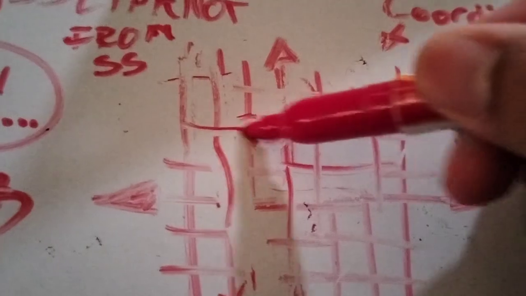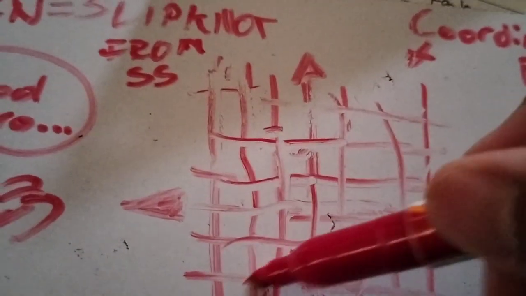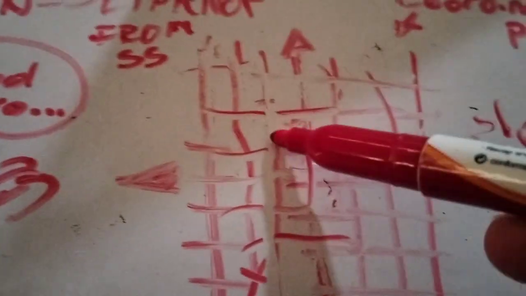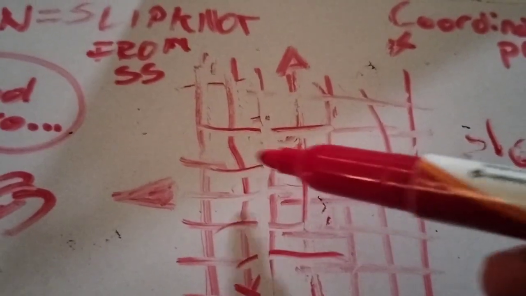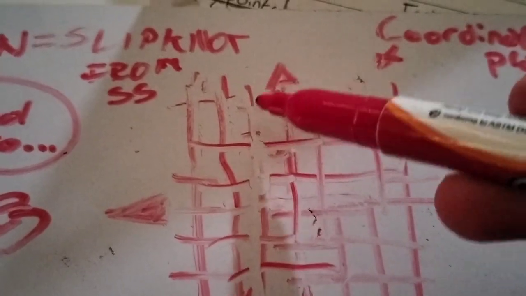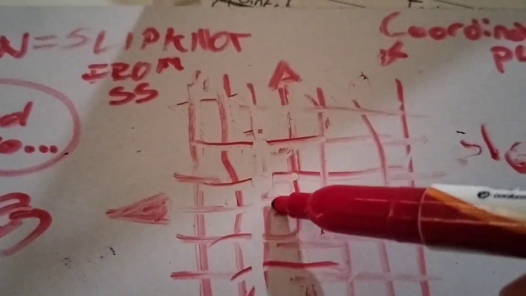Now for that, we're going to look at these lines, so I don't have to erase any more lines. Look at this. It goes up and down. What if that was a line? Let's see how far it goes, back and forth, between this point and this point.